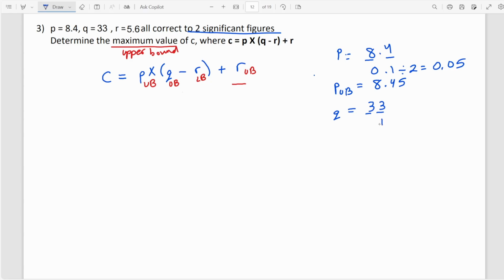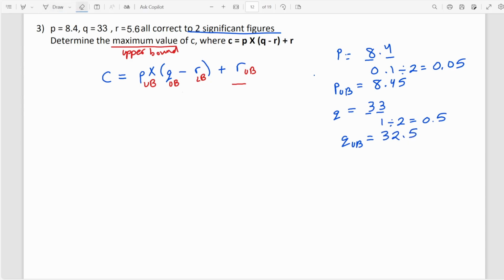We'll replace this by a 1. Everything else turns to a 0, but there's no need to put a 0 on the left side. We explained this last video. And now we'll divide this by 2, we get 0.5. And so Q upper bound is equal to 32.5.